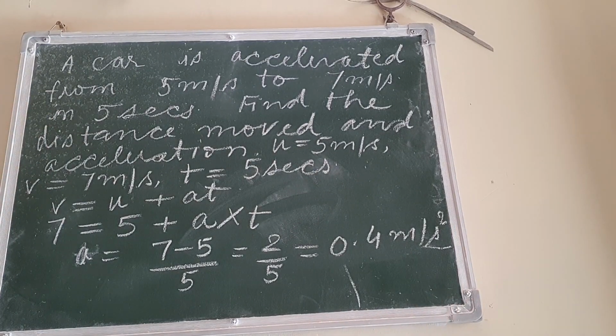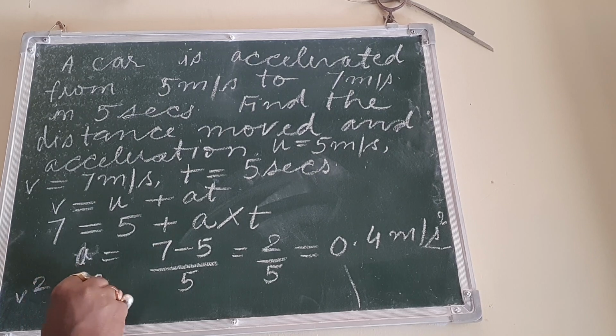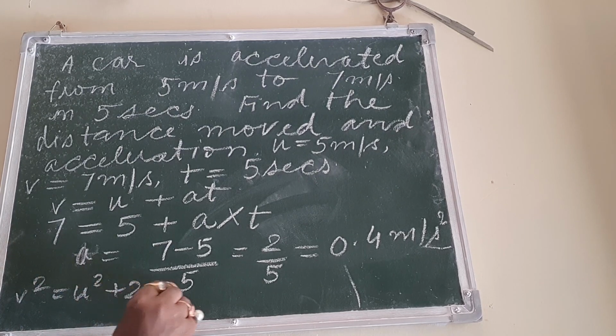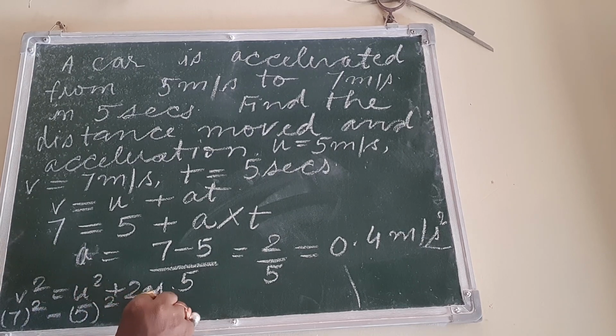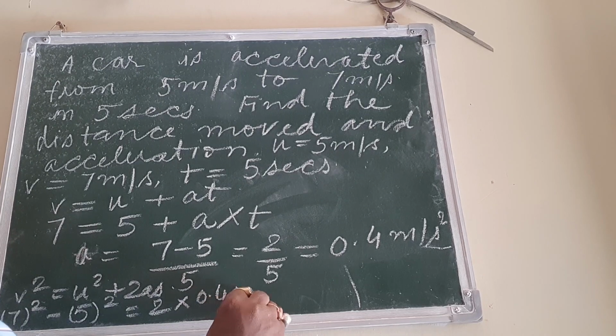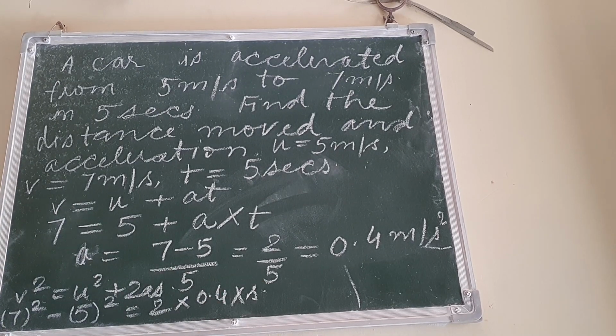This is the acceleration. Now we have to find the distance moved. So v square is equal to u square plus 2as. So here 7 square minus the initial velocity 5 square is equal to 2 into acceleration 0.4 into distance moved, that is s.